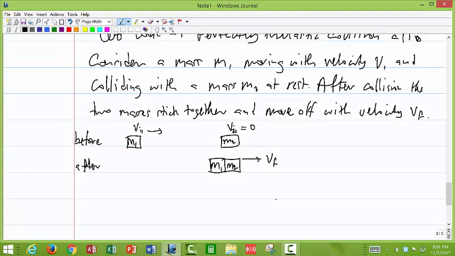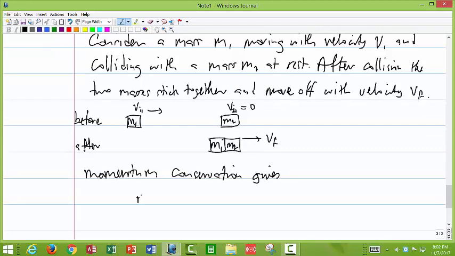So we can do momentum conservation. Momentum conservation gives m1 v1 initial plus m2 v2 initial should be equal to (m1 plus m2) v final, not v2 but v final.